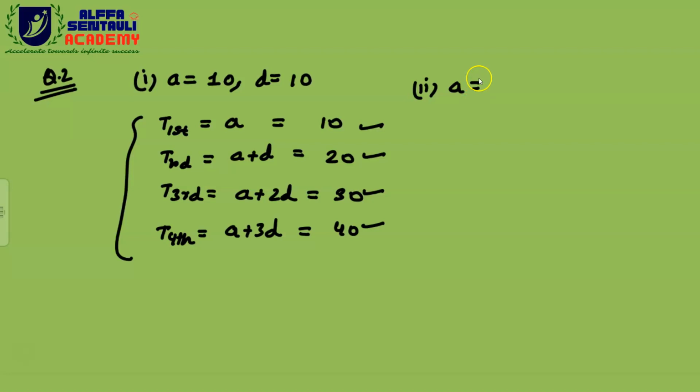A is minus 2 and the difference is 0. All of the terms will be minus 2. So this will be an AP with a constant number, right? This is not actually progressing. The progression is negligible, or the progression is 0, right?